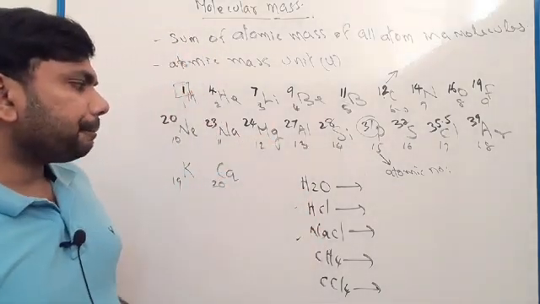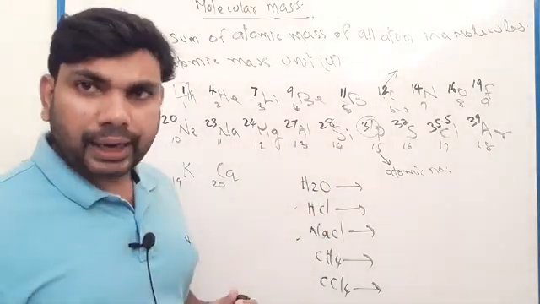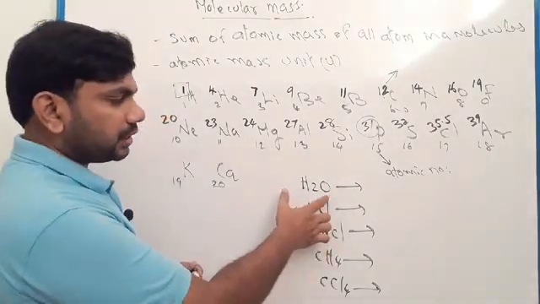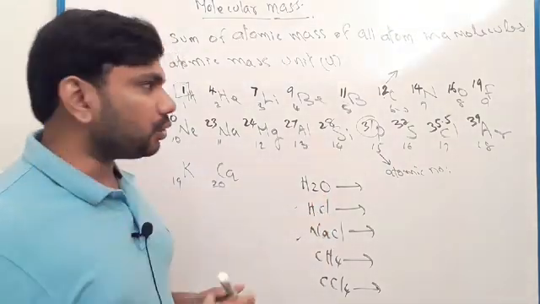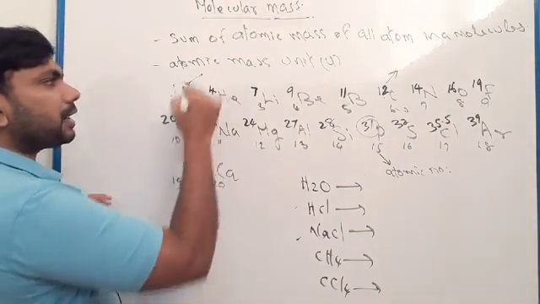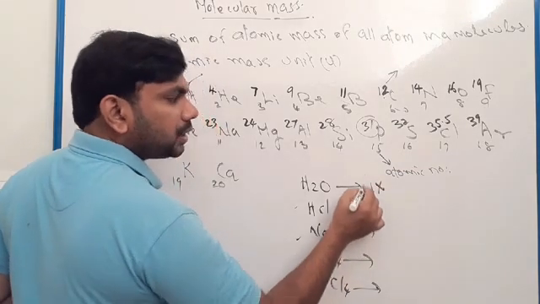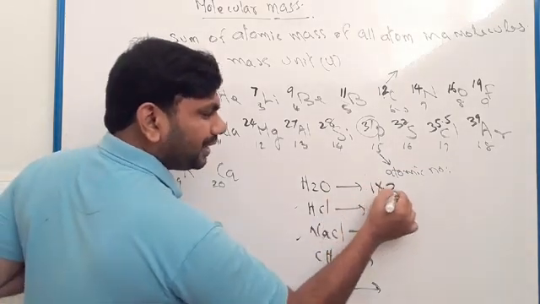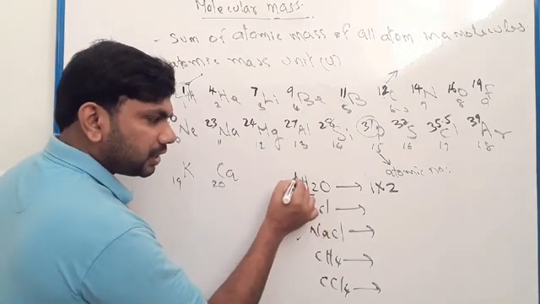So here H2O means 2 hydrogen and 1 oxygen. H2O means water which contains 2 hydrogen and 1 oxygen. Atomic mass of hydrogen is 1, so 1 times 2. Why 1 times 2? Because here there are 2 hydrogen, each of mass 1.